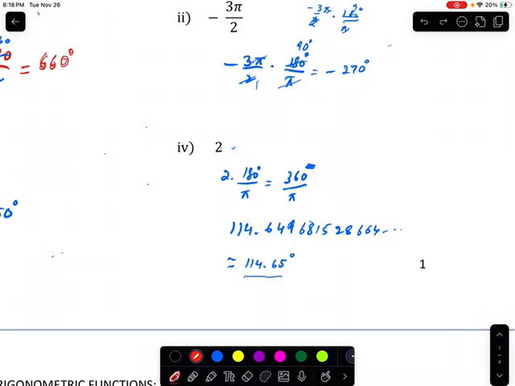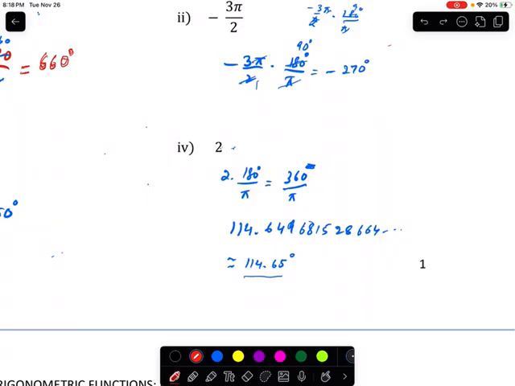Now the fourth part is saying 2. So it means 2 radians. We have to convert 2 radians into degrees, so multiply by 180 over pi. Now we don't have that situation where we could easily cancel the pi. So in this case, most often you will want the answer to be a number.